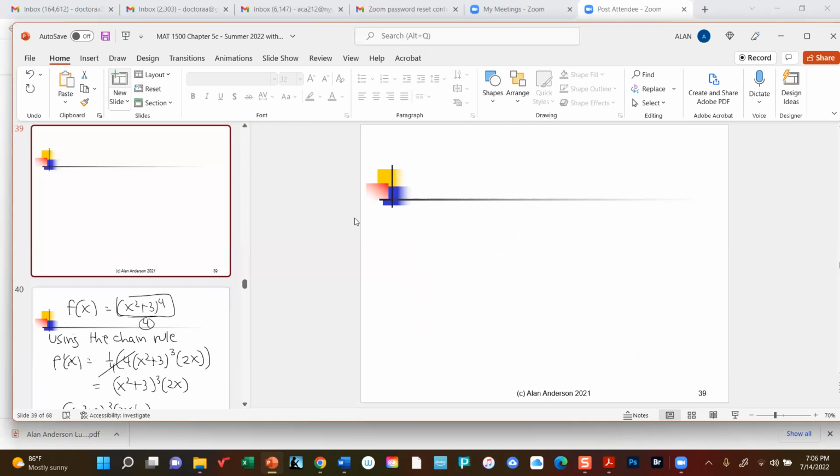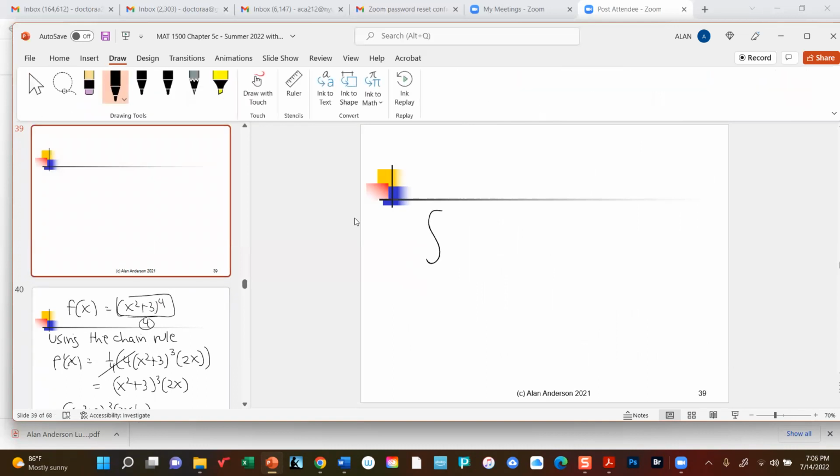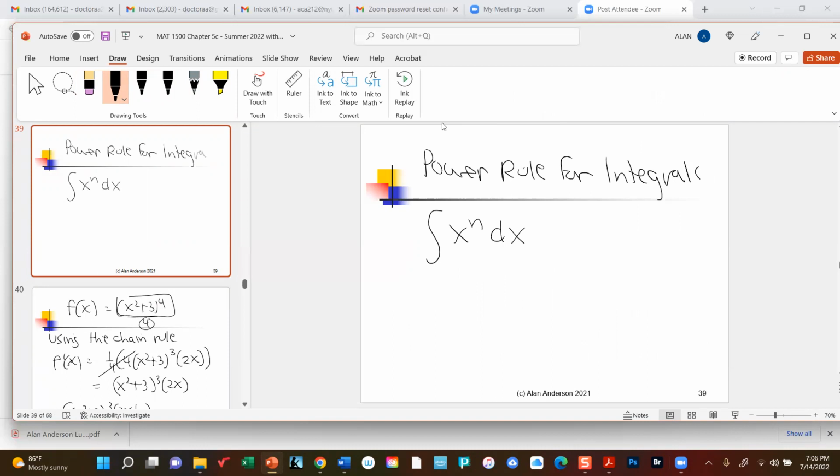The power rule for integrals tells us that if we have the integral of x to the n dx, let me just quickly remind us, the power rule for integrals says that if we have x to the n dx, this gives us x to the n plus 1 over n plus 1, providing n is not equal to negative 1.